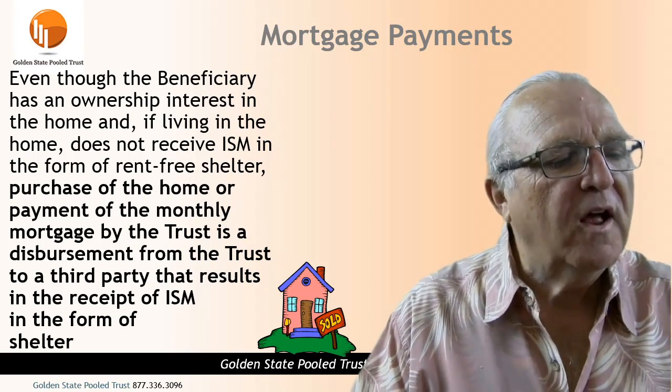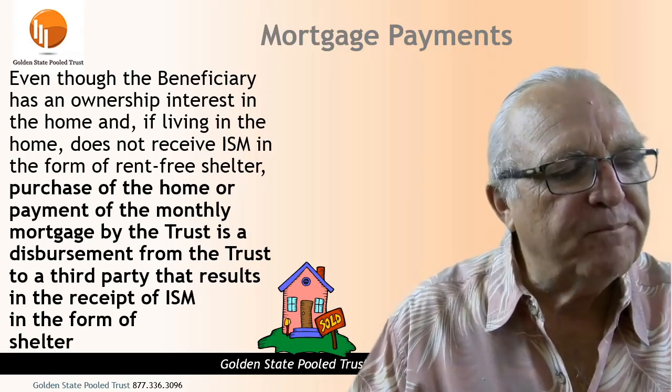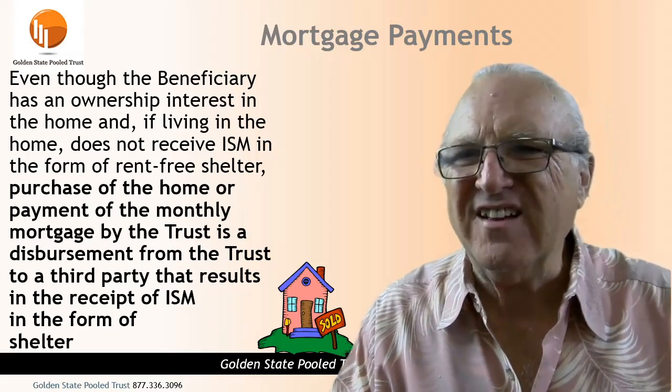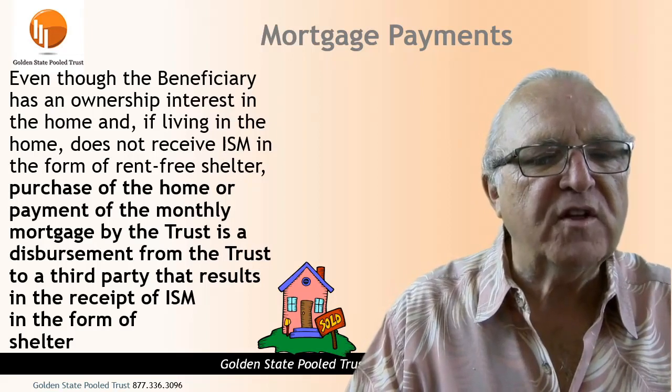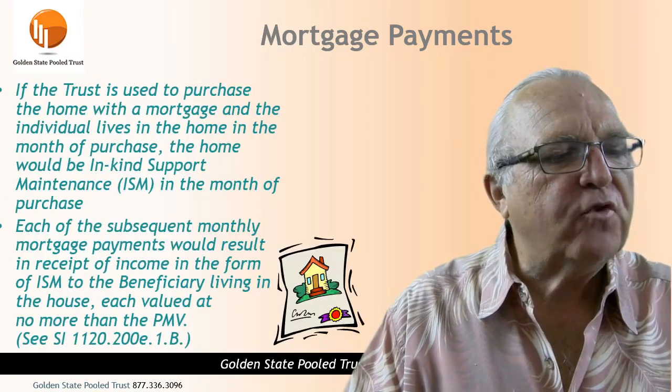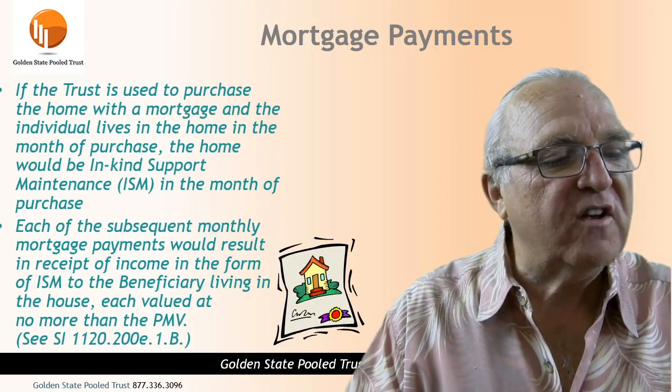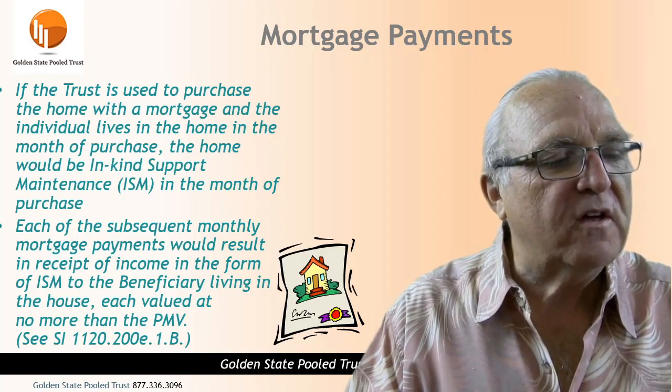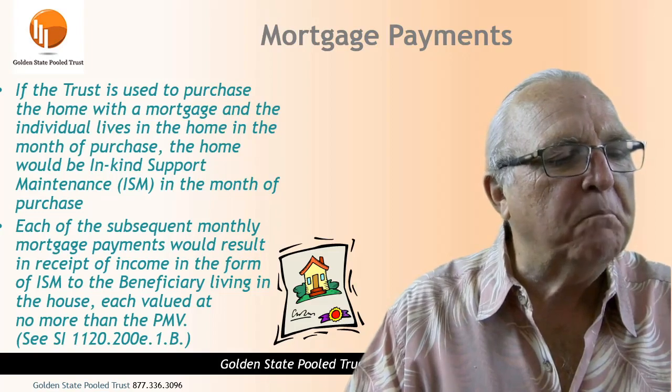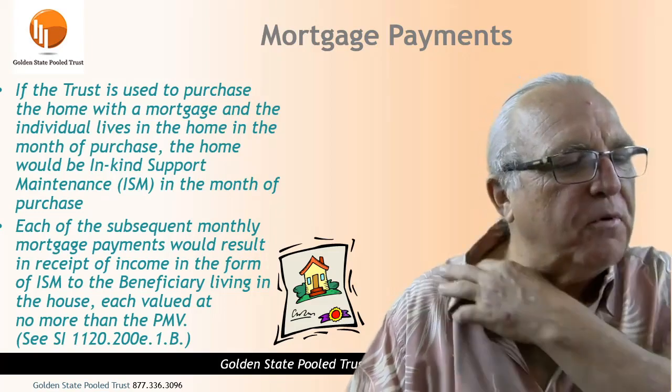So remember that paying for the mortgage was one of the 10 things that they count when they're trying to determine the ISM reduction. If the trust purchases the home with a mortgage and the individual lives in the home in the month of purchase, the home would be in-kind support and maintenance only in the month of purchase.